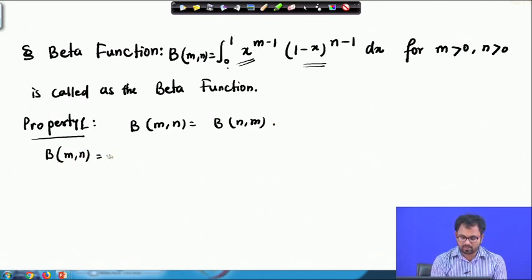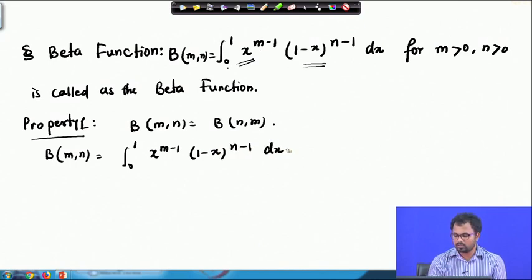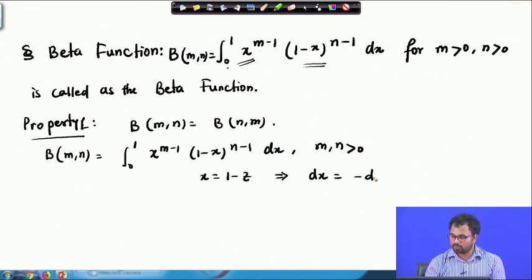Beta mn equals integral from 0 to 1 of x to the power m minus 1 times (1 minus x) to the power n minus 1 dx, where m and n are both positive numbers. Now, if I substitute x equals 1 minus z, then dx equals minus dz, and when x is 0, then z is 1, and when x is 1, then z is 0.